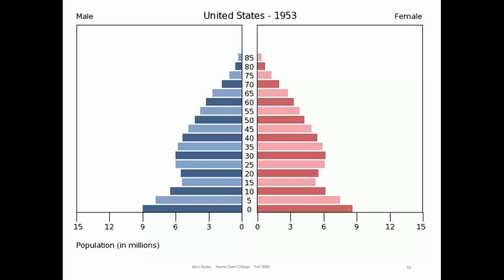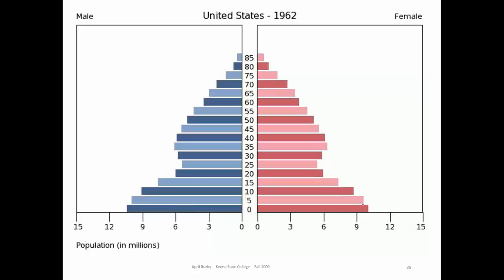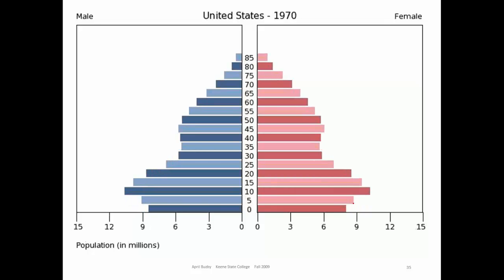You can see how their birth rate is high because of the baby boom generation. You can see how that bulge moves up. And you can see after 1960 how that baby fertility rate shrunk.